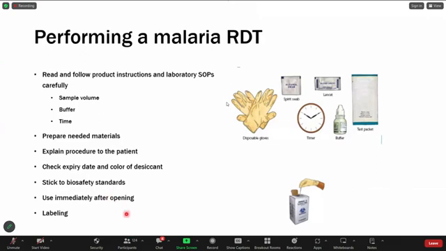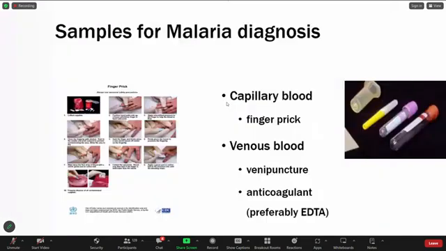Then we are also advised to use the RDT immediately after opening. Should not keep the RDT for long before applying the sample and the buffer. Then labeling is also a very important point we should emphasize while doing an RDT. Now, the samples we need.